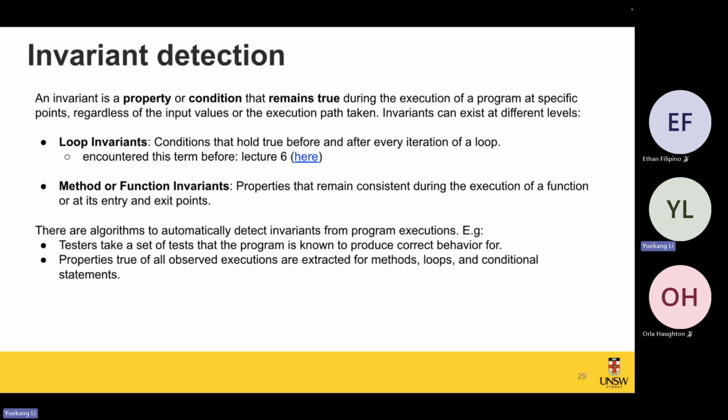So for example, we can create a set of test cases that the program is known to produce correct behavior for, and then we observe the behaviors by running these always-correct tests, and we can see which values are not changed during this execution.